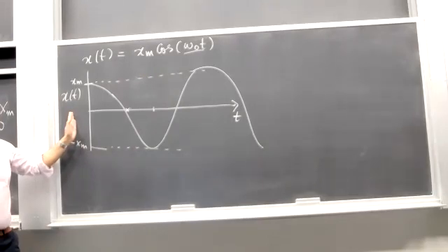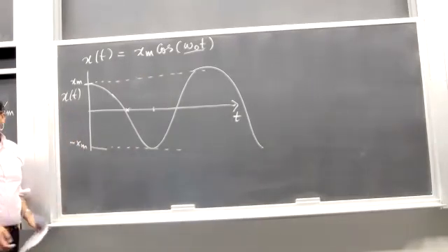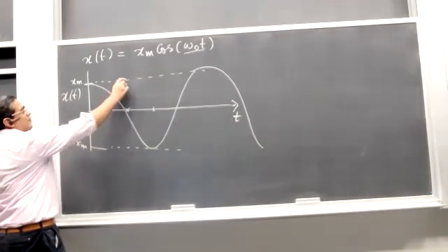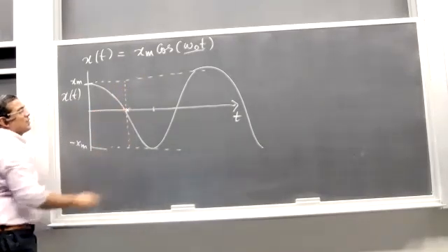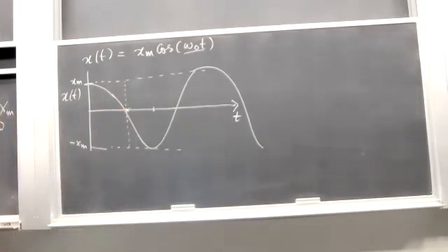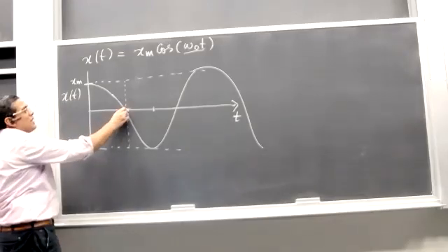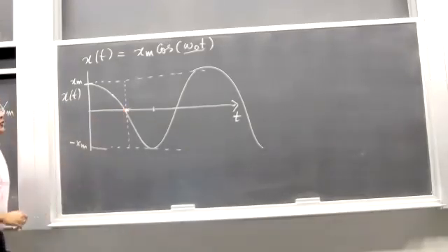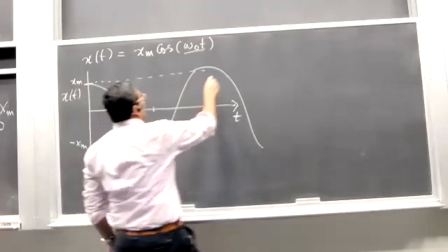The second thing is that if I started the clock here, that is what phase means. Then initially my system would be at 0, and that would give me a solution like this.